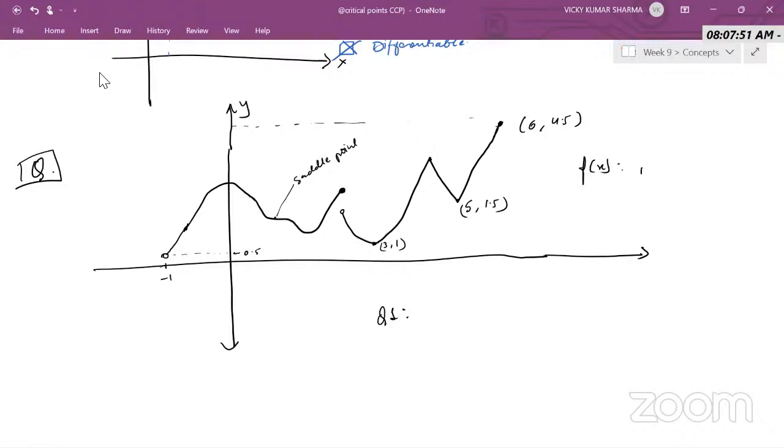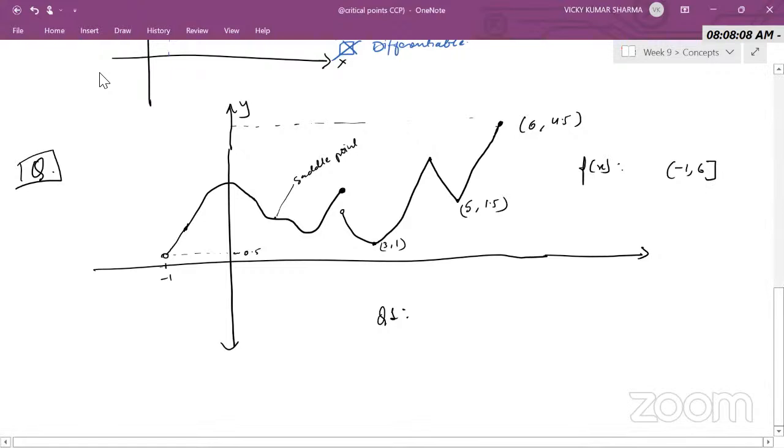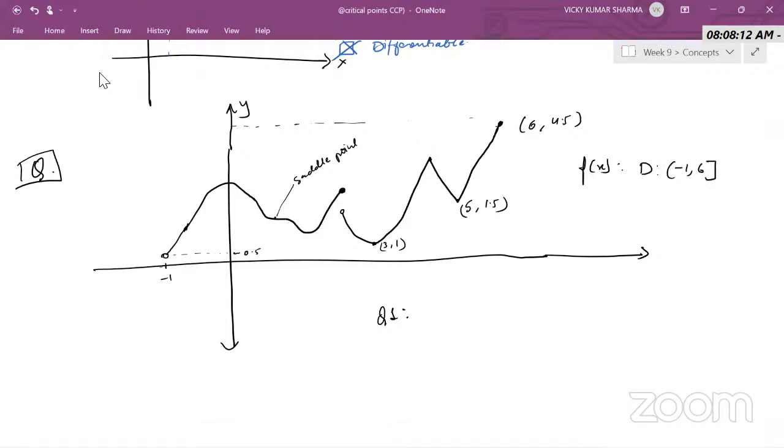Can you tell me? The domain is -1 to 6. You were finding the range at that time, is it? Yes, sir. Okay. Fine, so this is the domain, right? You understand -1 is not included and 6 is included. So this is my domain.